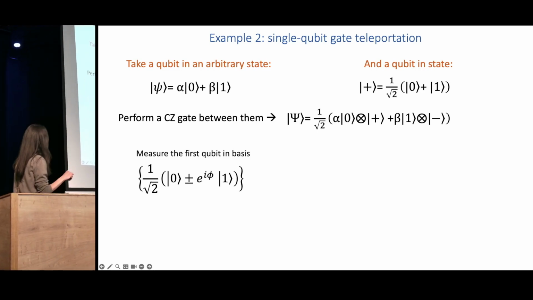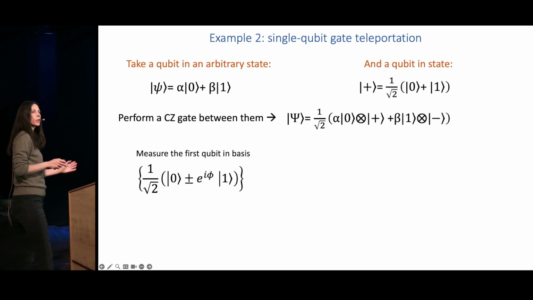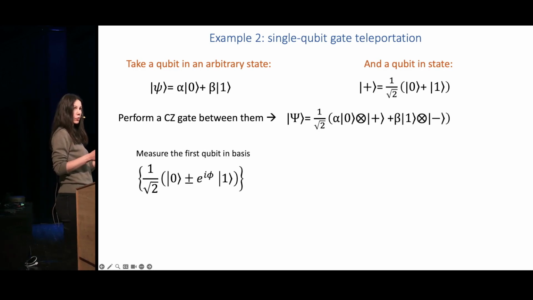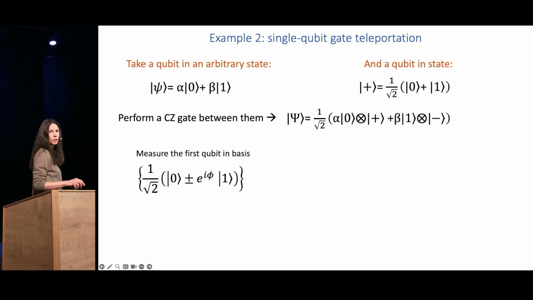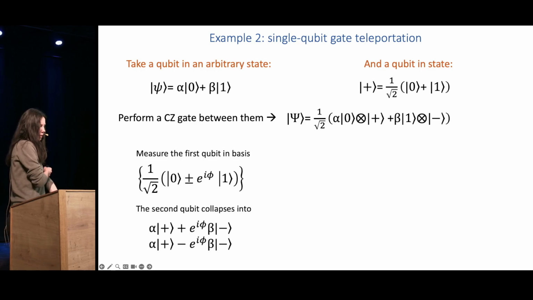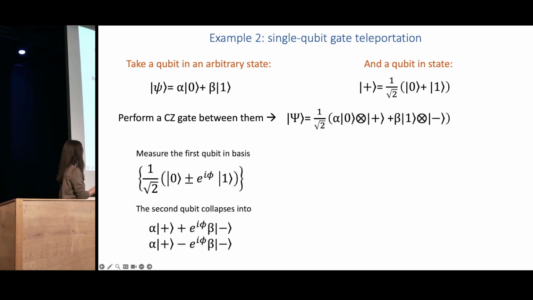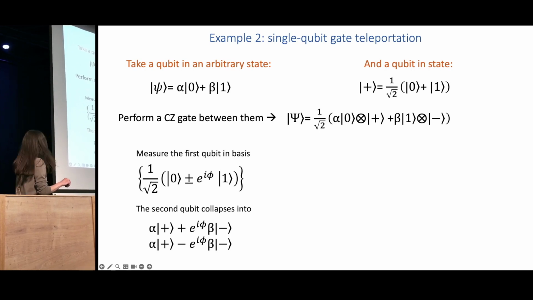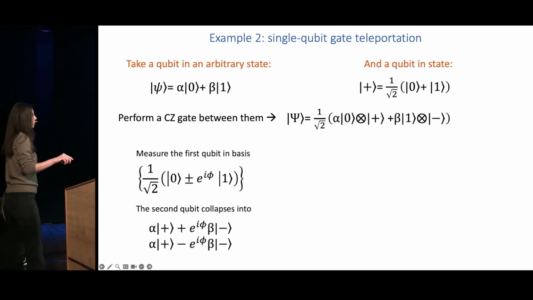So now I'm doing something a little bit more complicated. I'm not measuring in the XYZ basis anymore. I'm measuring in a rotated basis, and I'm bringing in this parameter phi. If I do that, the second qubit collapses into one of these two states: alpha plus or minus e to the i phi beta, minus.